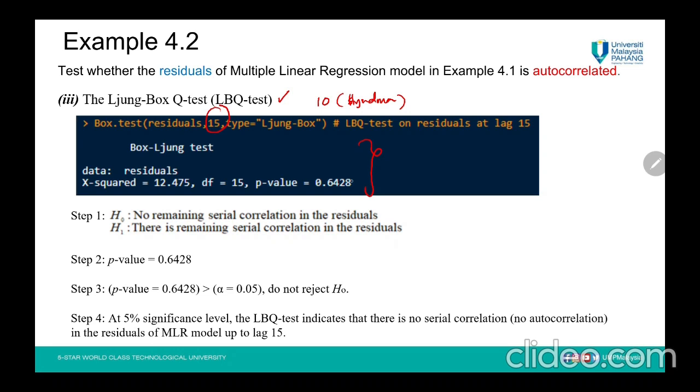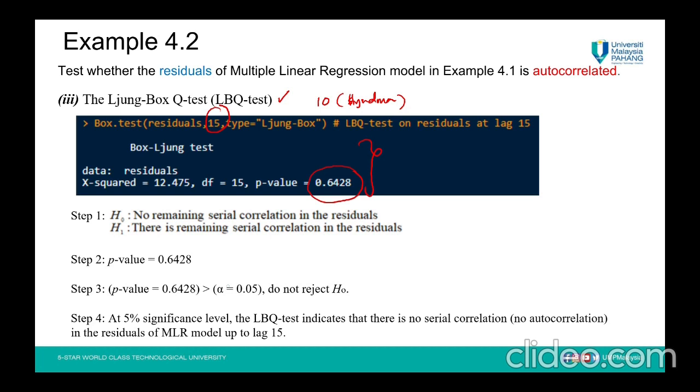Step 2, get the p-value. We can get the p-value from the result obtained. The p-value is 0.6428. Step 3, we use the rule of the p-value approach to make a decision on H0.